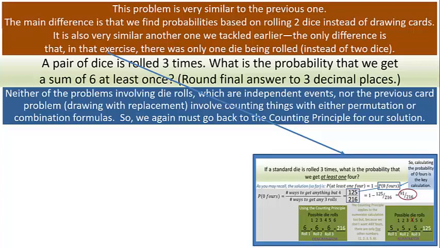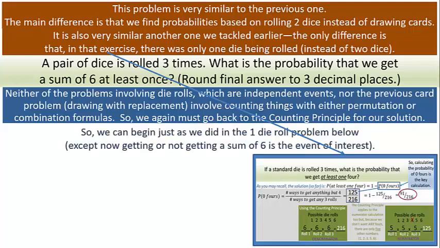Because we were drawing with replacement, that made those draws independent. None of the problems involve counting things with either permutation or combination formulas. We can't use those when we're drawing with replacement or any case where they're independent events. So again, we've got to go back to the counting principle for this solution. But otherwise, it's very similar to the one die roll problem.